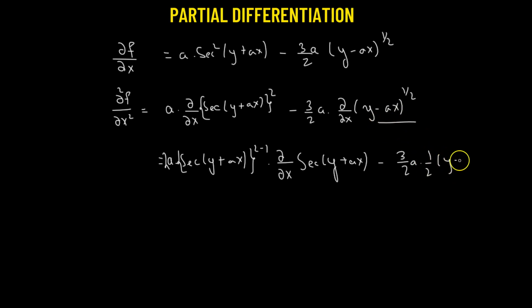So we have half times y minus ax raised to the power of half minus 1 times the partial with respect to x of y minus ax. So let's complete the expression.